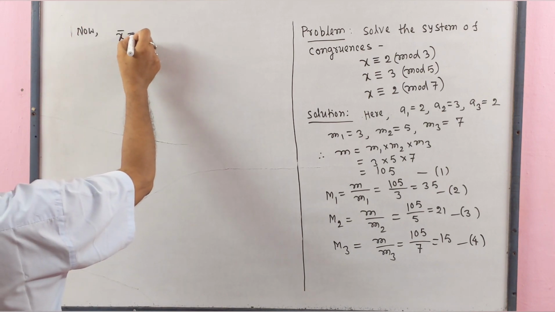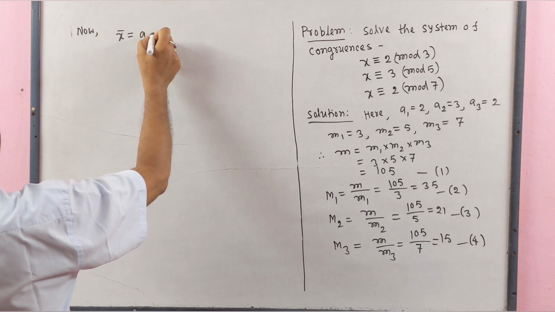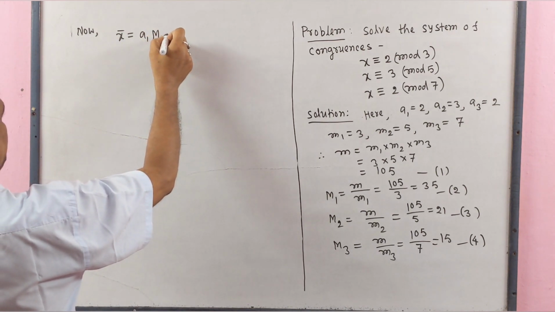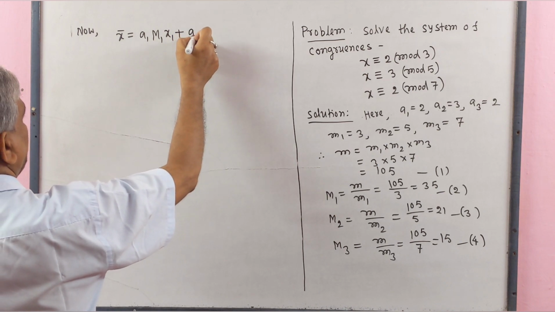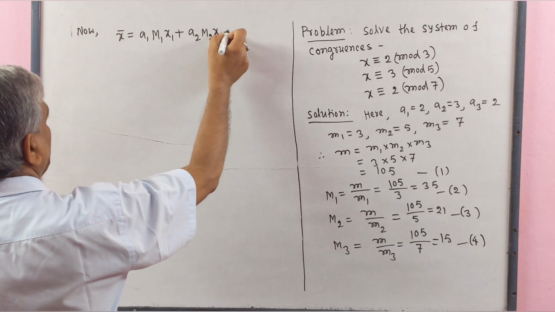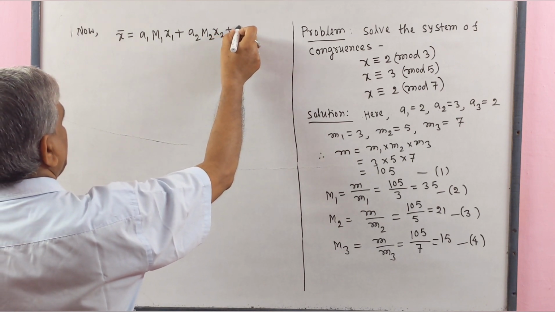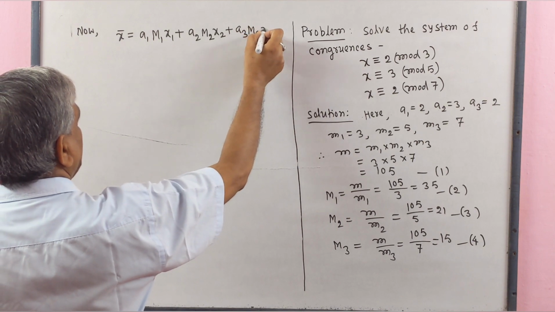Now x bar equal to small a1 capital M1 x1 plus small a2 capital M2 x2 plus small a3 capital M3 x3.